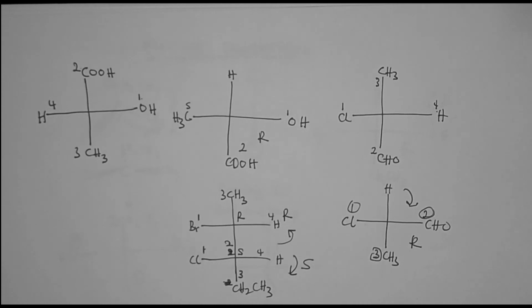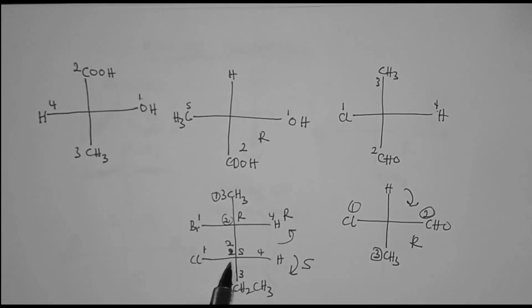Let's try naming this compound. So we can see that the longest chain will be this. The carbons are 1, 2, 3, 4, 5, and therefore it is a pentane. And then in assigning the various numbers, here is 1, then here is 2, and this carbon is carbon 3, and then this is 4, and then this is 5.